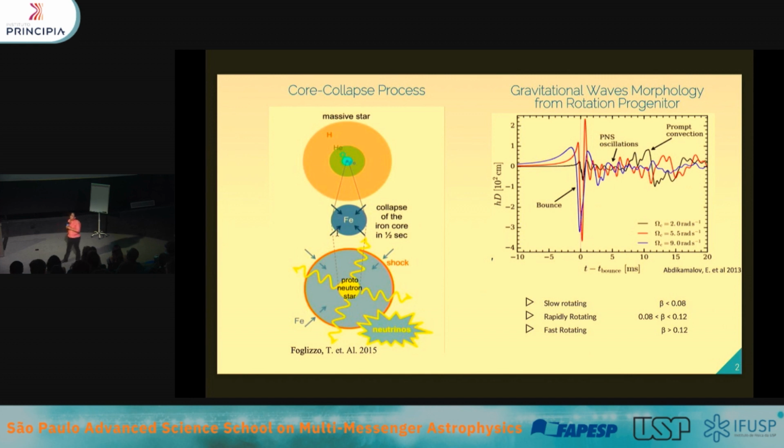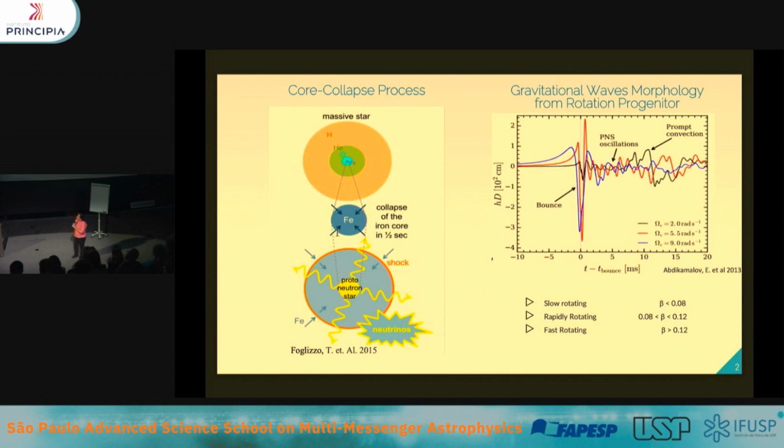So when we reach this iron core, we can separate the core into two parts, external and internal. The external material falls toward the center, so the collapse begins.